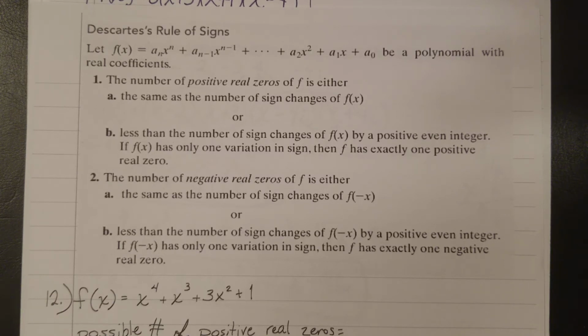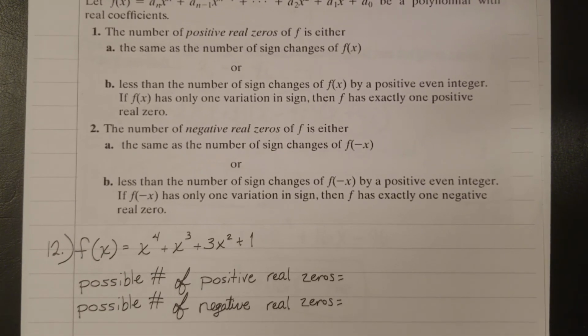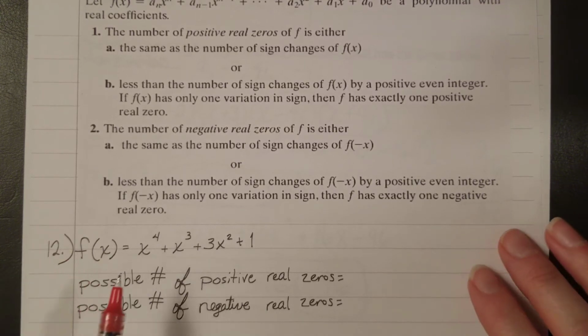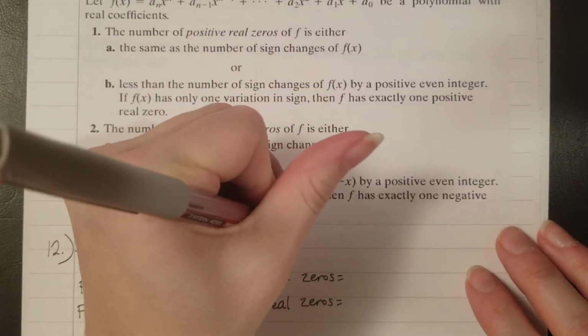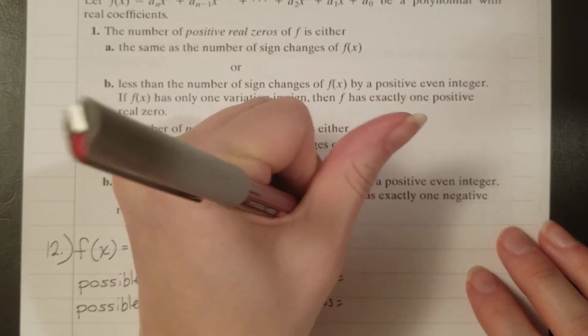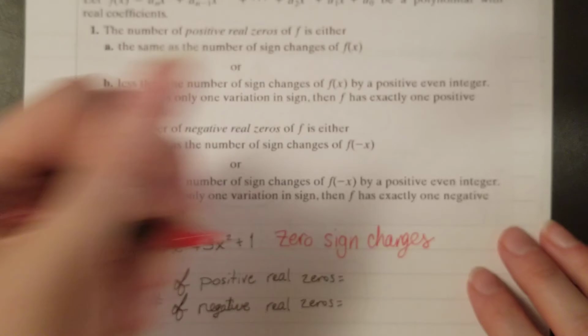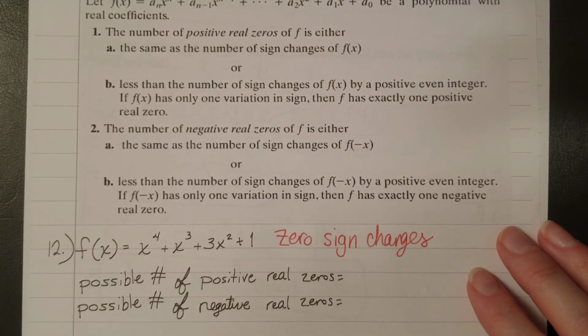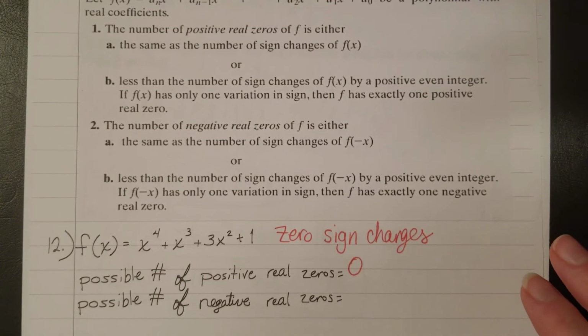So what you're going to do is look at your polynomial and count the sign changes. So what that means is, okay, positive, positive, positive, positive. So there are 0 sign changes in that polynomial. So that means that there will be 0 positive real zeros in that polynomial.